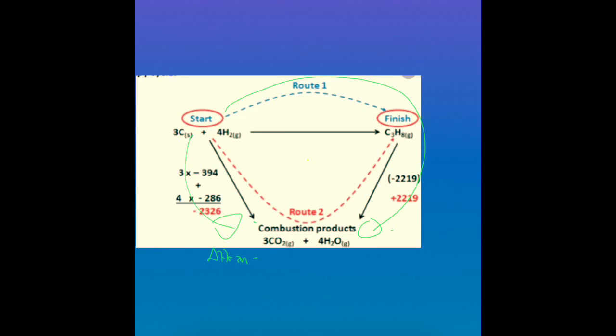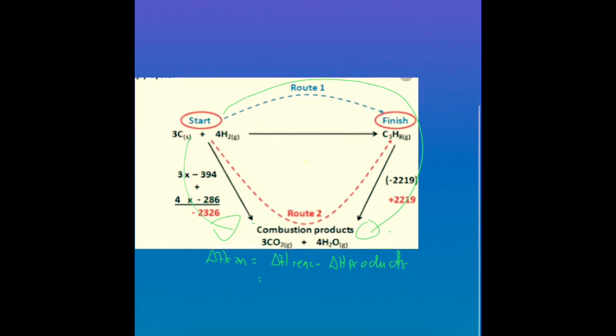Or should we just this time say enthalpy of reaction for combustion data is enthalpy of the reactants minus sum of the enthalpy of the products. So that's going to be minus 2326, which is here.